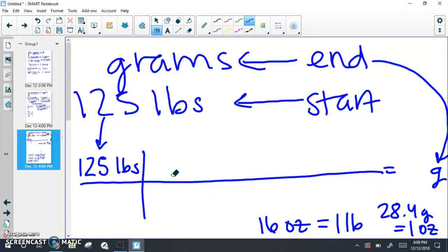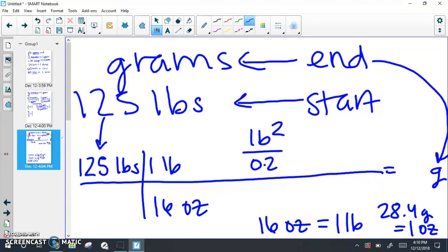So please remember when you're setting these up that the fractions need to equal 1. These do equal 1 if we were to put them top and bottom, but now we need more care of which one goes on top. Is it the ounces or is it the pounds? Let's do it the wrong way. If I were to write this with pounds on top, so 1 pound over 16 ounces, you would notice, multiply top, divide the bottom, we would get units at the end that says pounds squared over ounces.